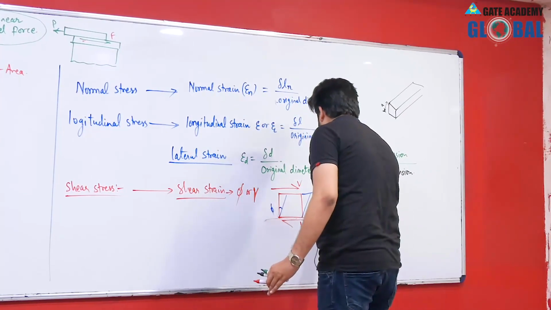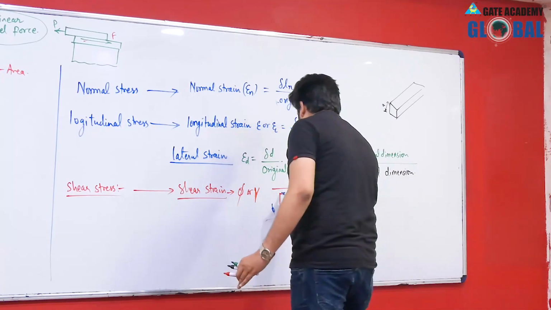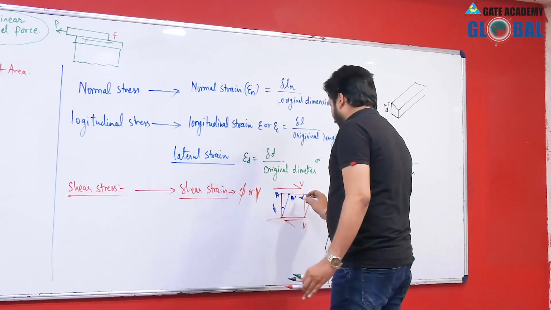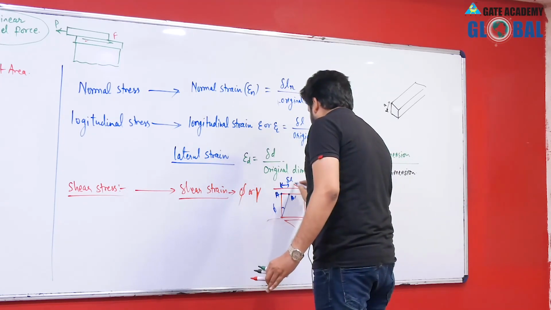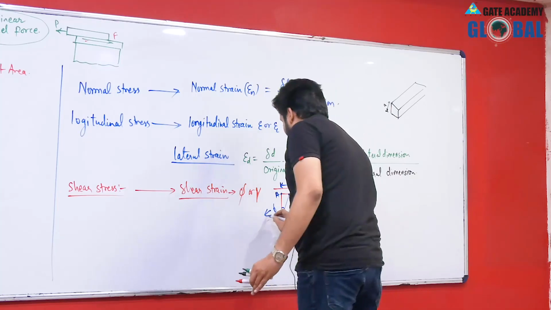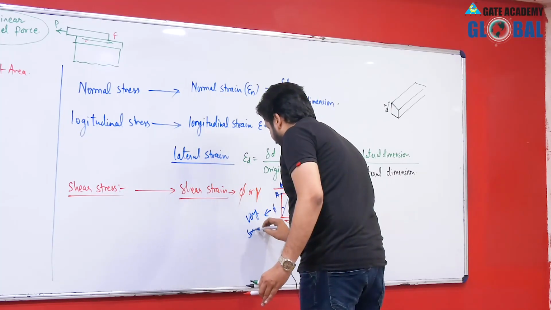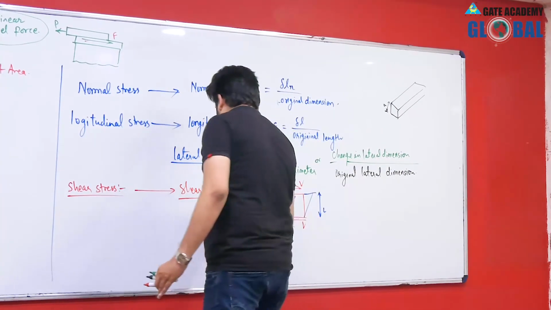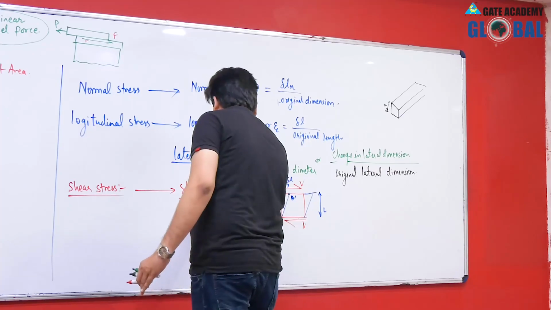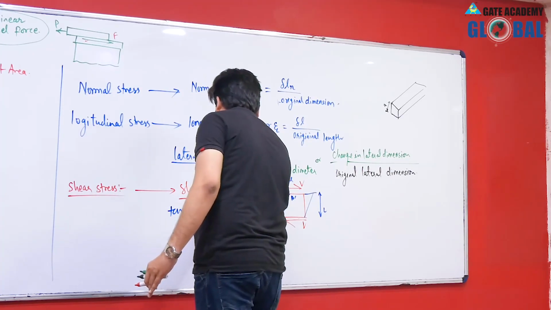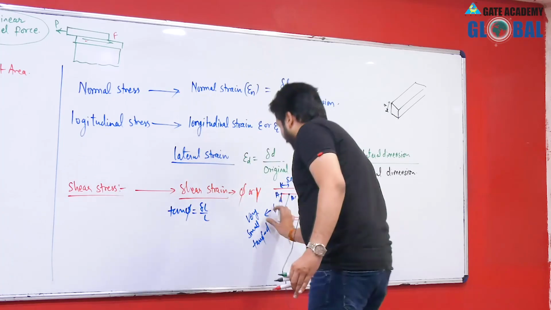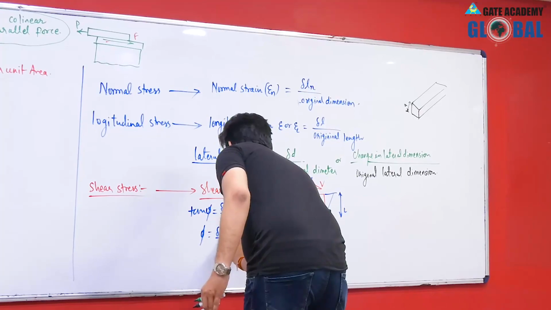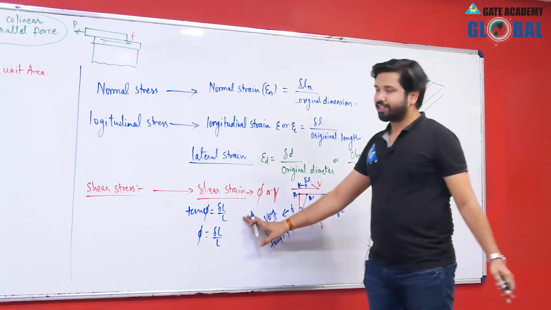Let us say this side is L, and the axial travel of the point A up to A dash is equal to del L. This angle phi is very small, so tan phi will be equal to phi, hence shear strain phi will be equal to del L by L.